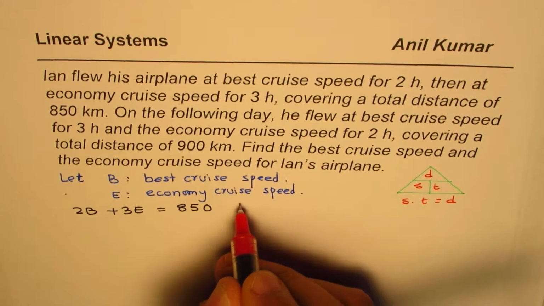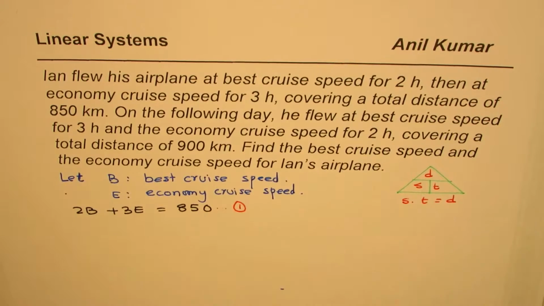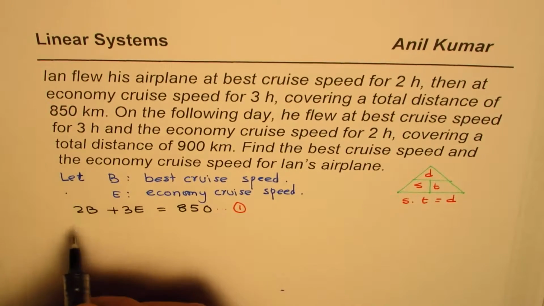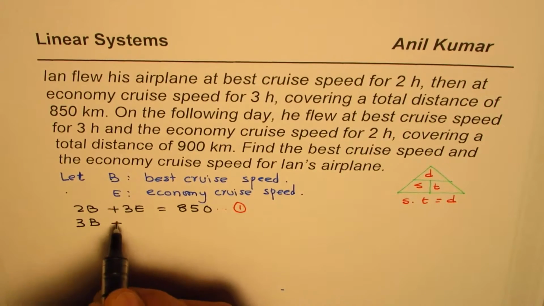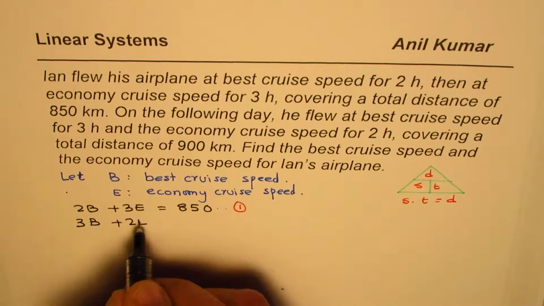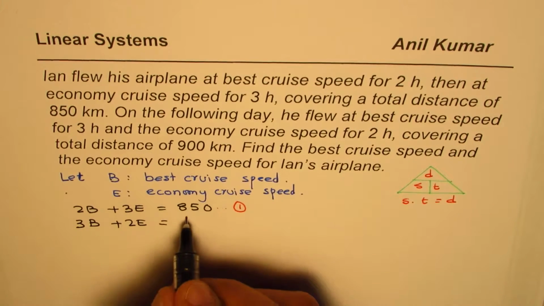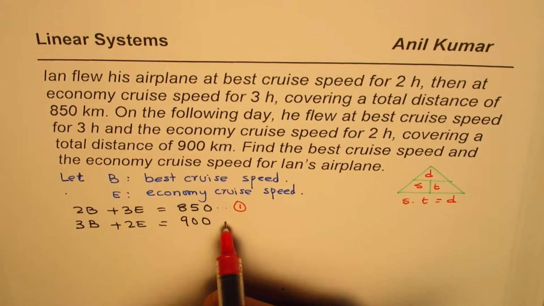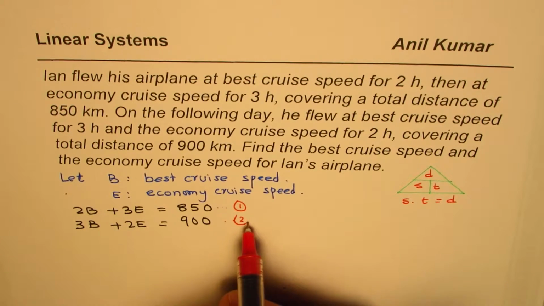Let us call this equation number 1. Second day, best cruise speed 3 hours, so 3B plus 2 for economy, 2E, distance covered 900. Do you see how simple it is? That is how you can easily get your two equations.